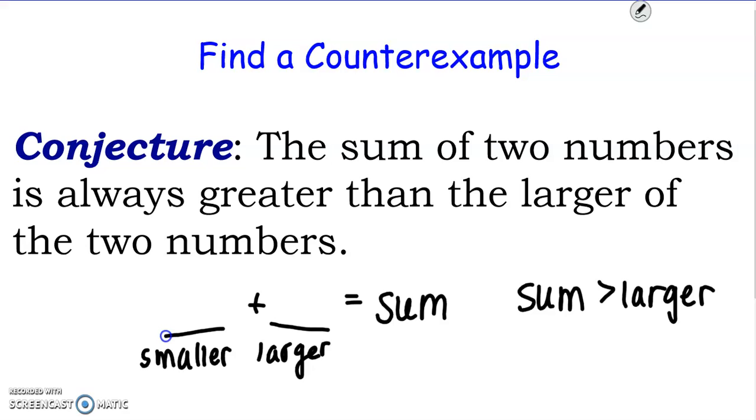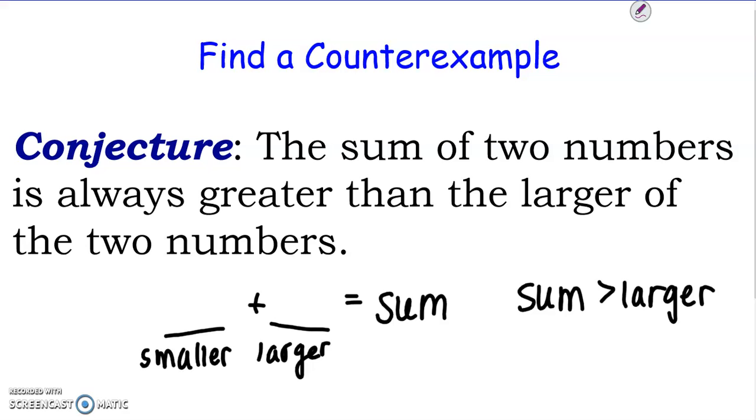When you're trying to find a counterexample, you want to kind of think outside of the box. And the way that you can do that is by considering negatives and by considering 0. So let's think of two numbers that when we add them together, the sum is less than the larger number, because that will break our conjecture.